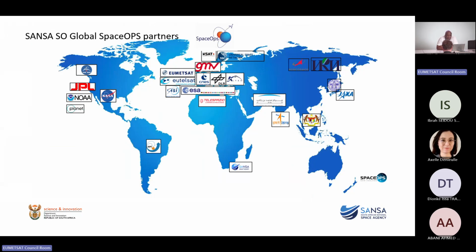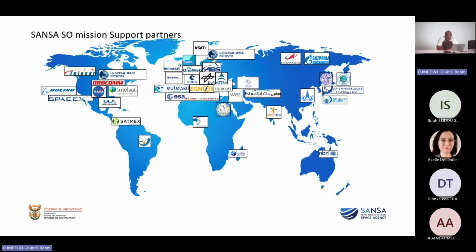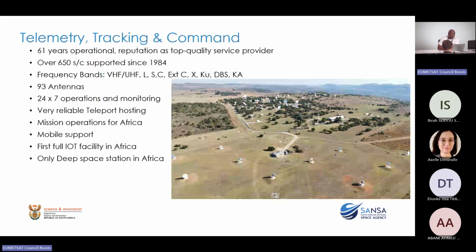These are the current partners we have. EUMETSAT is there already, so we are growing, and these are the support partners as well. We cover pretty much all the essential bands. All the information has been covered here with all the antennas. We are up to 93 now at this stage.